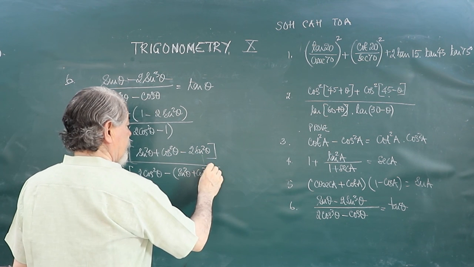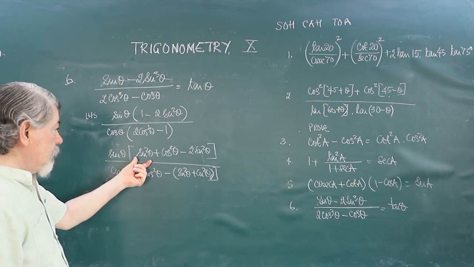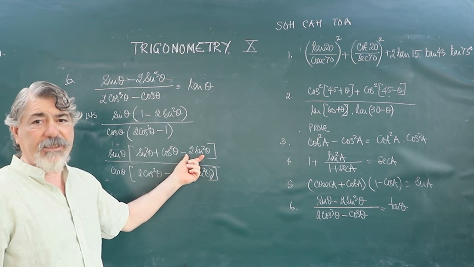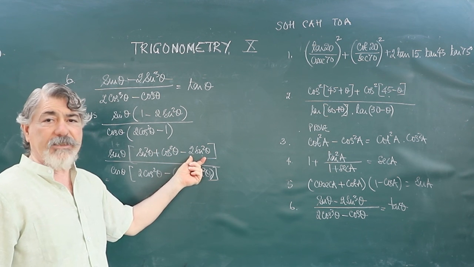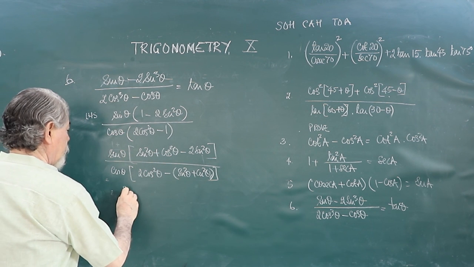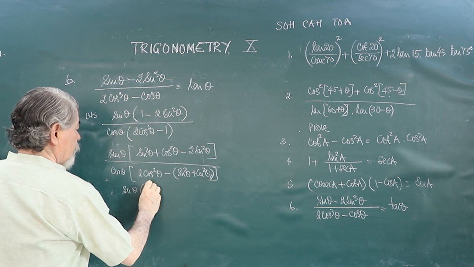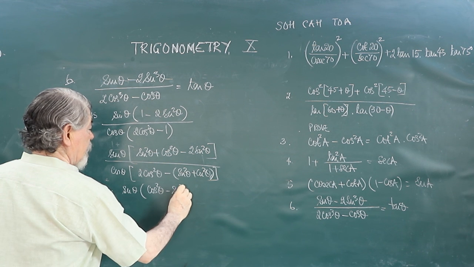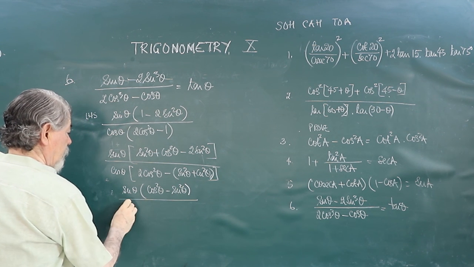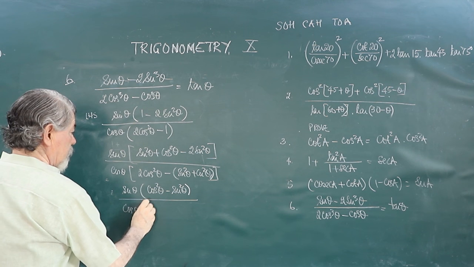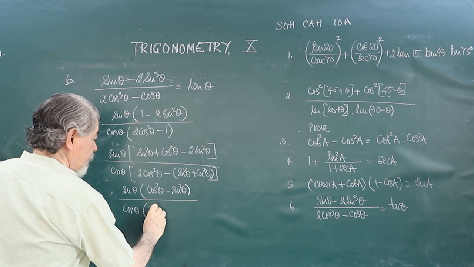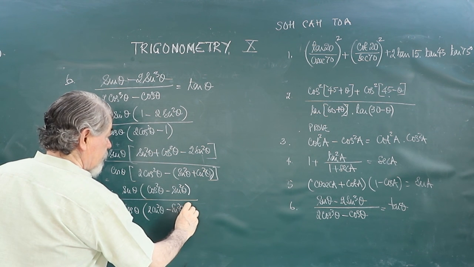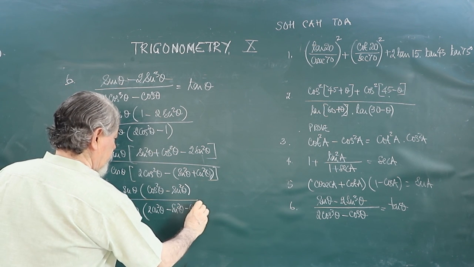Now what will you get here? Sin square theta minus 2 sin square theta, so you will get minus sin square theta. So cos square theta minus sin square theta. You will get here cos square theta minus sin square theta upon cos theta, 2 cos square theta minus sin square theta minus cos square theta.